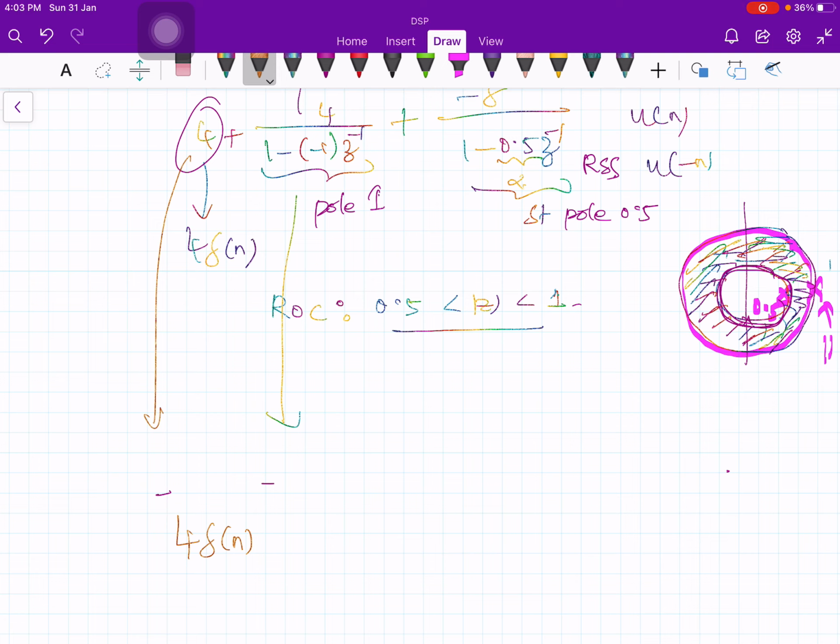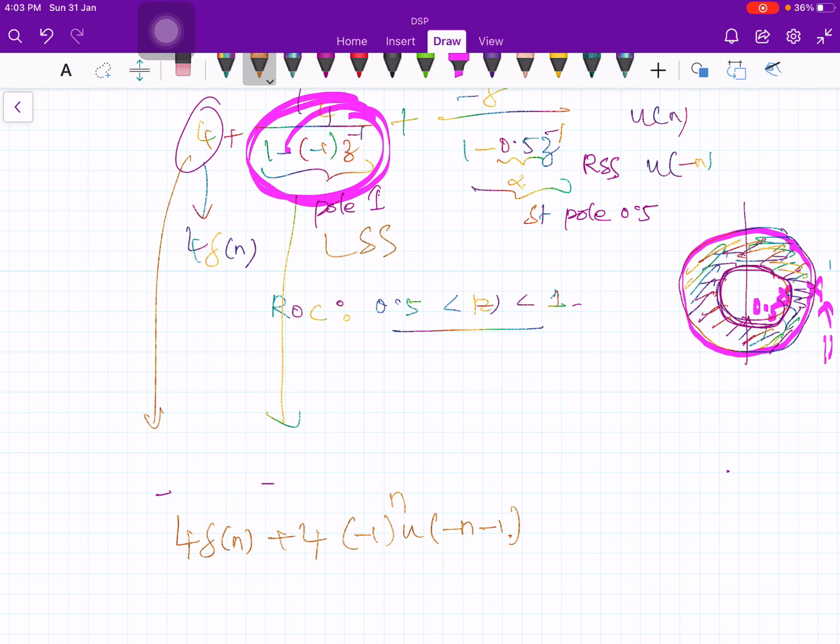Then this one, if you look at this, the pole is 1 and the ROC is inside of this pole, therefore this is going to be plus 4 times (-1)^n u of -n-1. Inside means left-sided sequence, therefore u of -n-1, an anti-causal sequence.